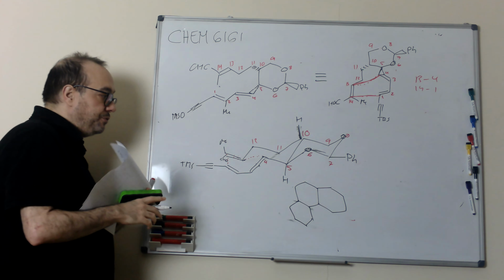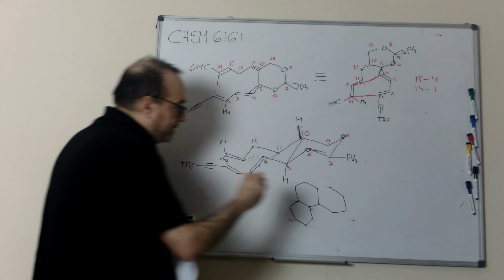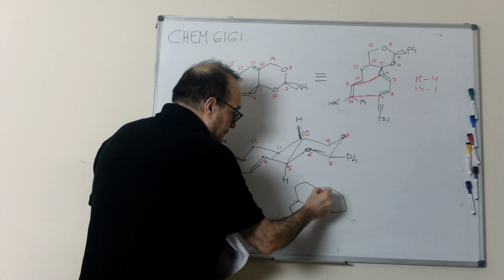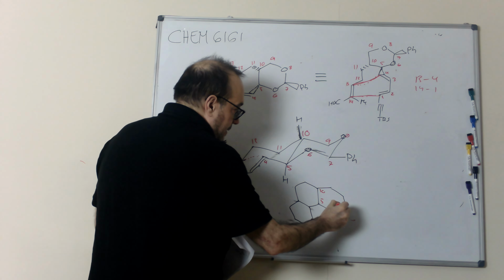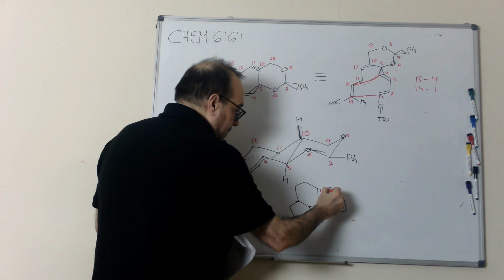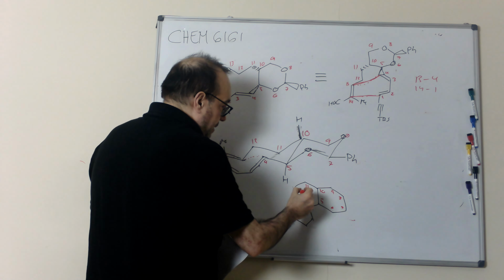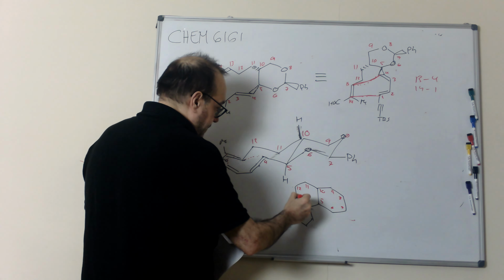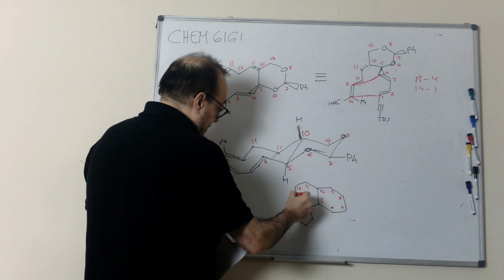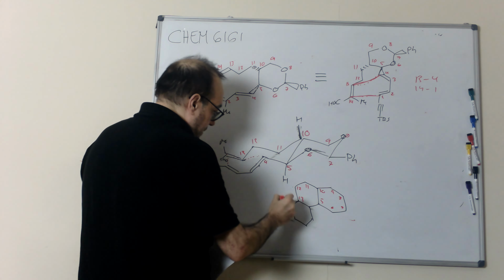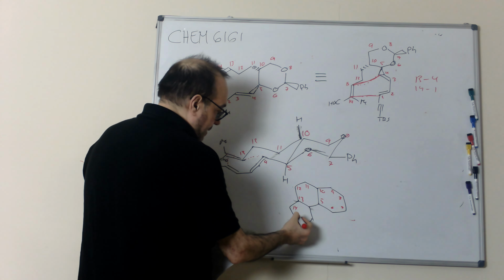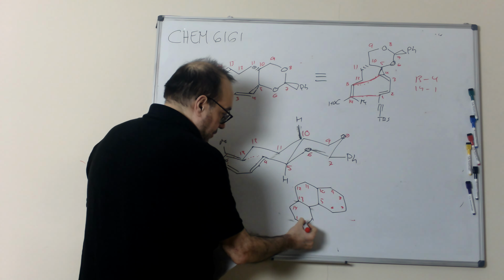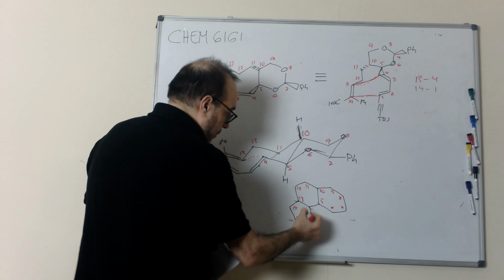Okay, and again I have to numerate. I know that this is number 10, this is number 5, 6, 7, 8, 9, this is 11, this is 12, this is 13, this is 14, that means that this is 1, 2, 3, 4.